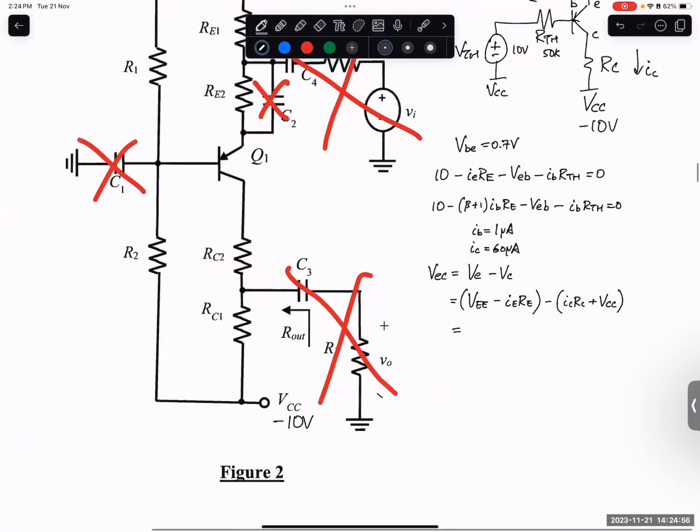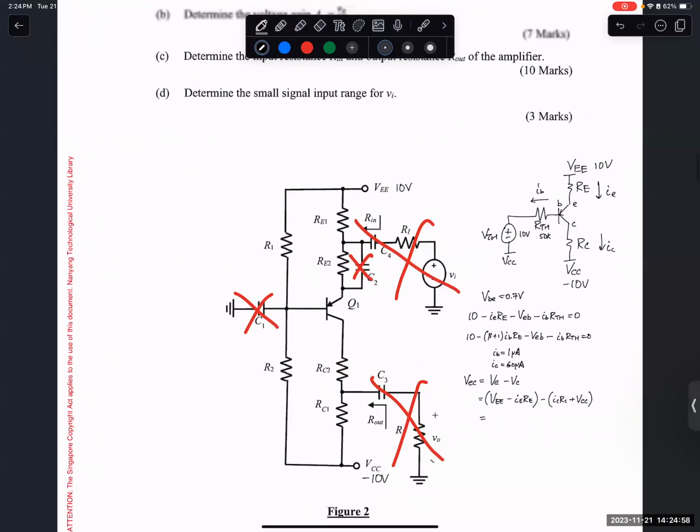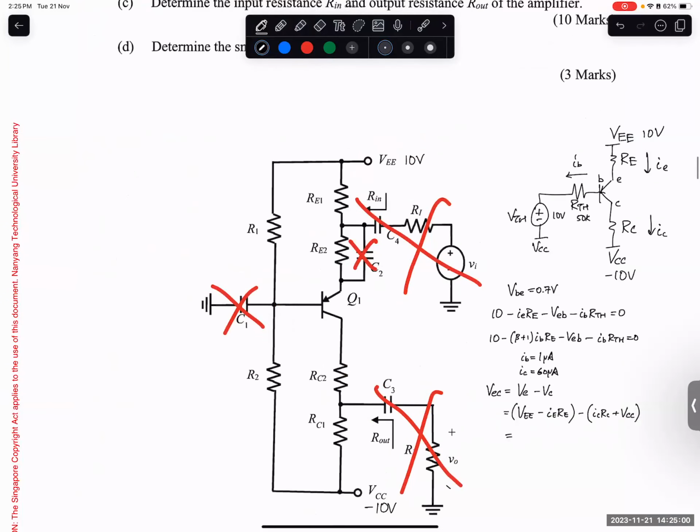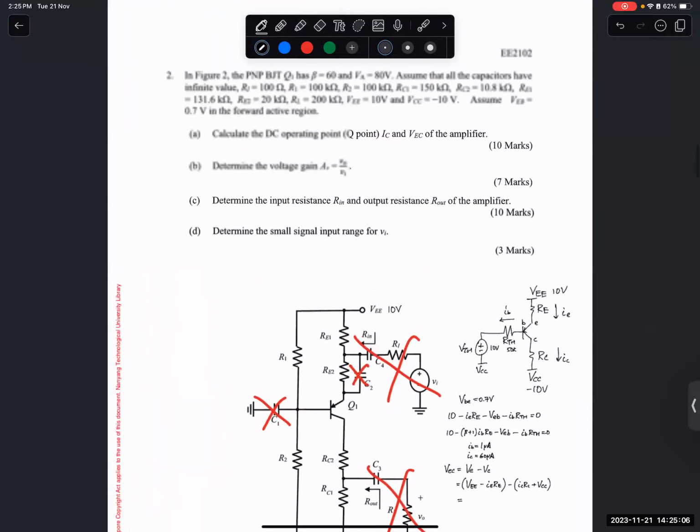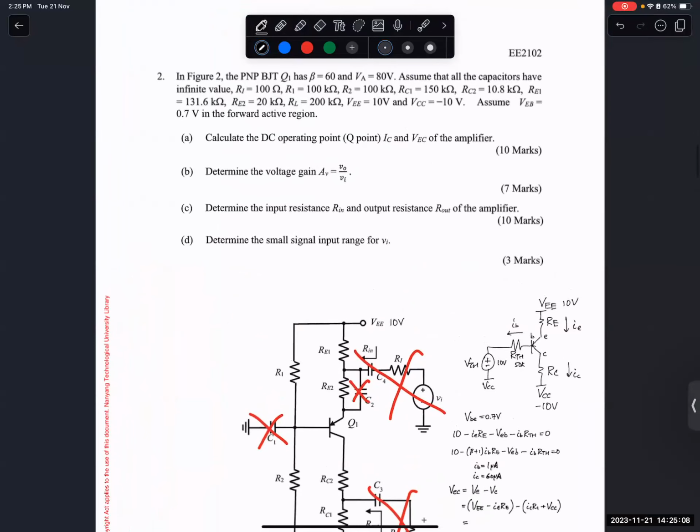Okay, what's the answer? This one shouldn't need much help to calculate, right? I need beta. Beta is 60. So VE is 10. 10 minus... 61 times 1 micro, right?